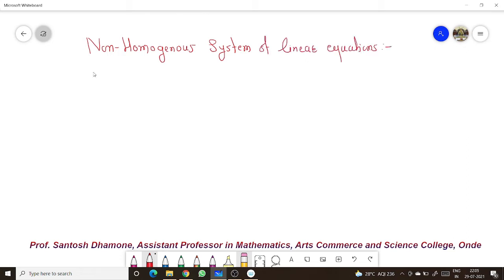Let Ax = b be a system of linear equations in matrix form.